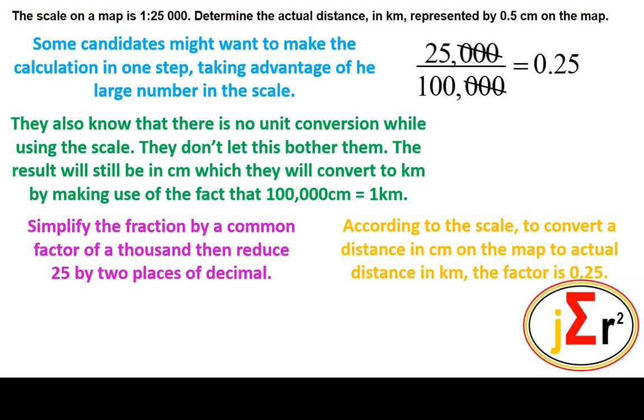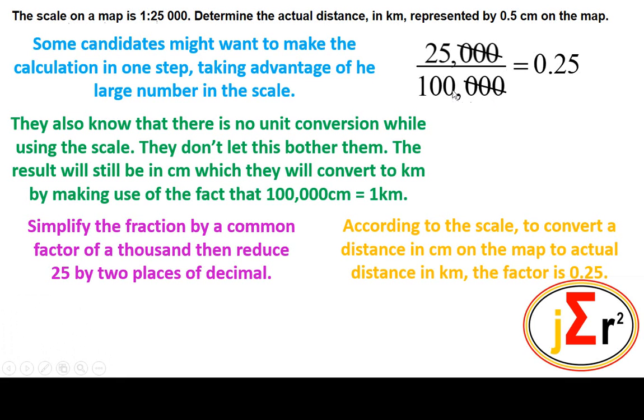So let us take a summary of that. The statement of the problem requires that we convert 0.5 centimeters on the map to actual distance in kilometer. 0.5 centimeter to kilometer. How do we do that? We multiply by the scale of the map, which is 25,000.